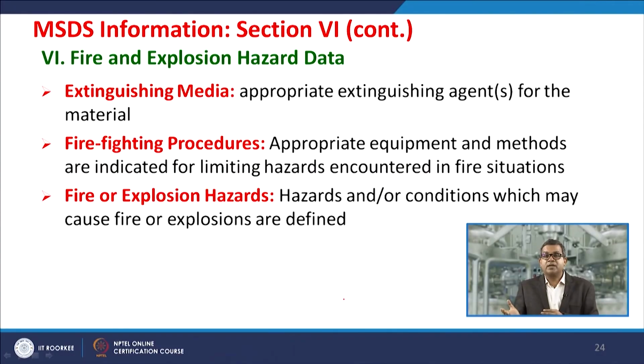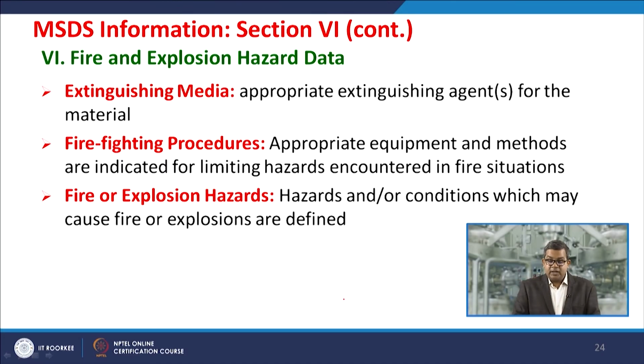In case of fire, you must know what kind of extinguishing media to use. The extinguishing media is the appropriate extinguishing agent for the material, so that the fire can be extinguished. The proper firefighting procedure must be listed, that is, the appropriate equipment and methods should be indicated for limiting the hazard encountered in the fire situation. All kinds of procedures must be listed in the MSDS.